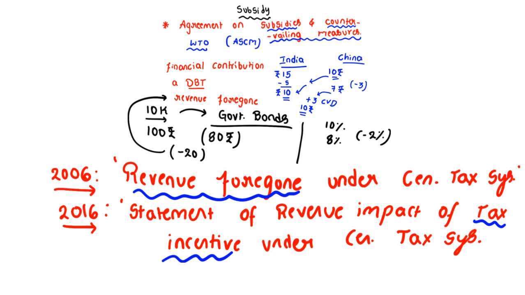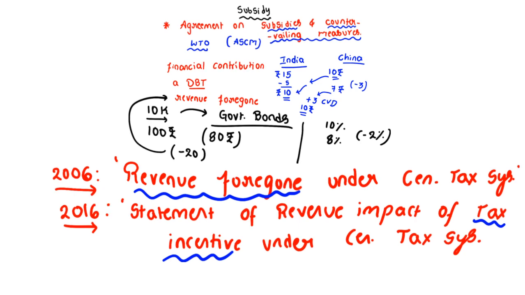Both governments are doing the same activities, that is, they are losing the revenue, but the earlier government used to project in a neat detailed way as revenue foregone, but the present government trying to manipulate the people in the form as it is not revenue foregone, it is the tax incentive that I am providing.